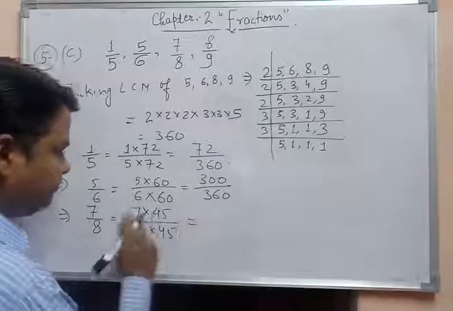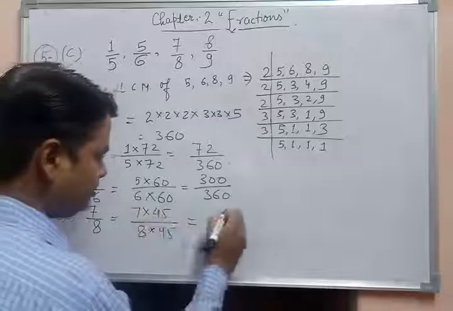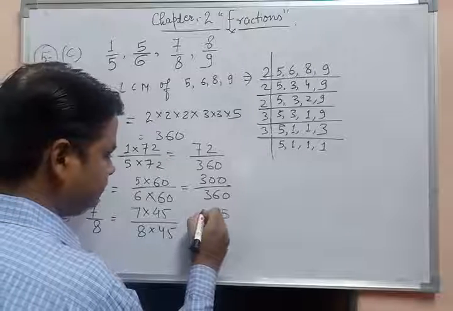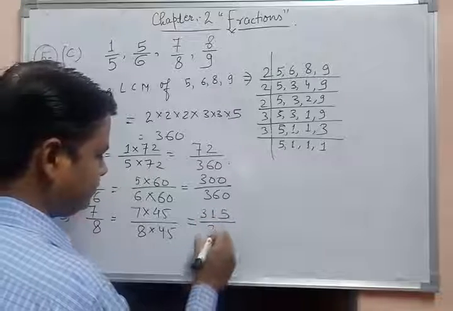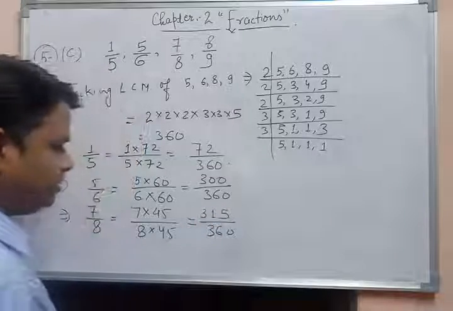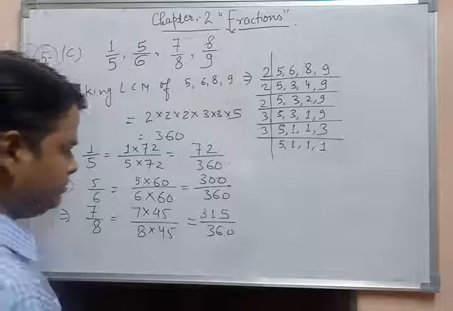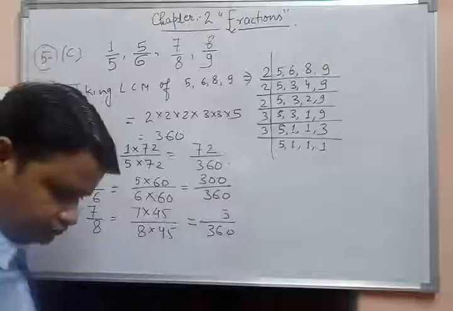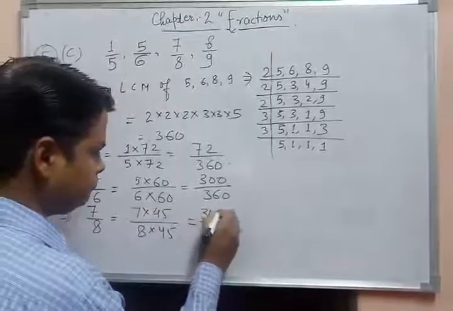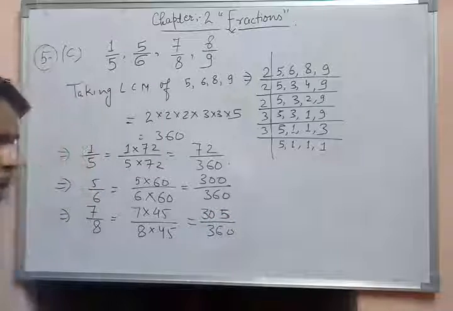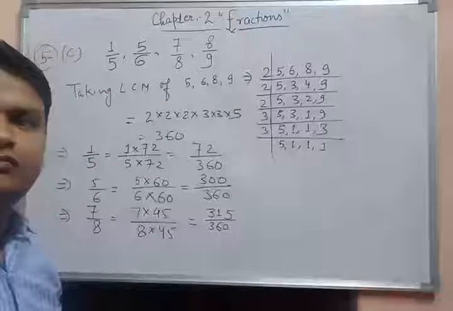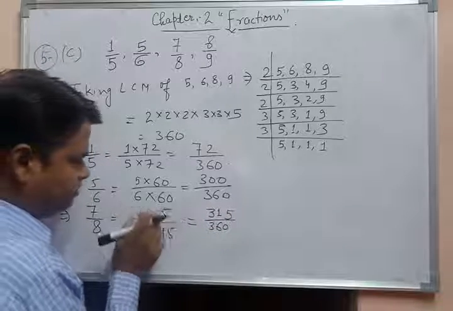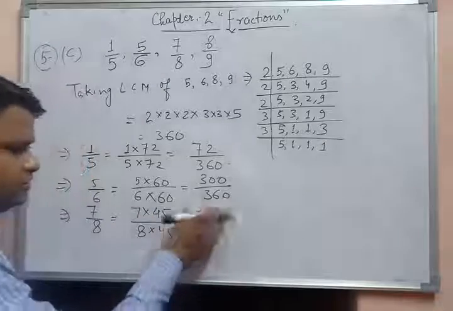If you multiply 7 by 45, then we will get 315. So students, here is a correction: 7 multiplied by 45 gives 315.